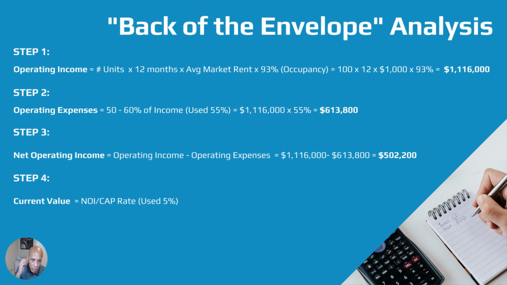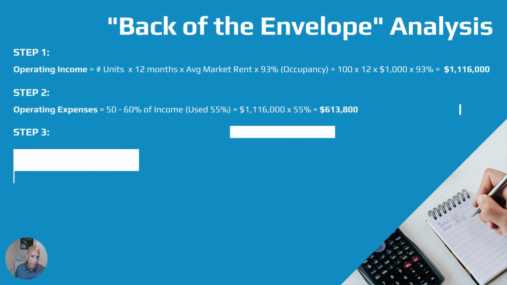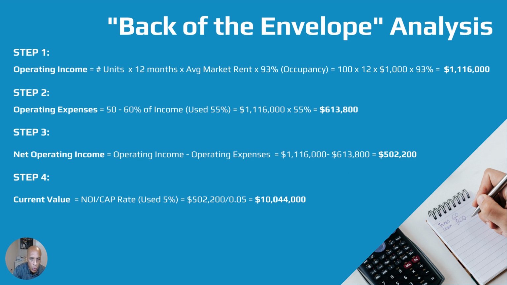To figure out an approximate value of this real estate investment, we take our NOI of $502,200 and divide it by the cap rate. We're going to use a 5% cap rate in this example because currently that's about the prevailing cap rate nationwide.